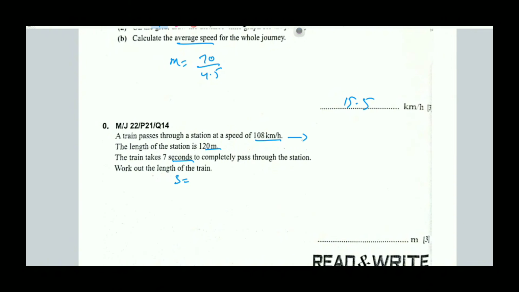So what you will do, you will convert it in meter per second. So how we have to convert it in meter per second? 108 will be converted into meter and 1 hour will be converted into second. 108 multiplied by 1000 over 1 multiplied by 3600, that is 30 meters per second.